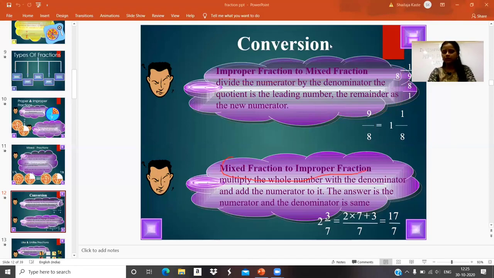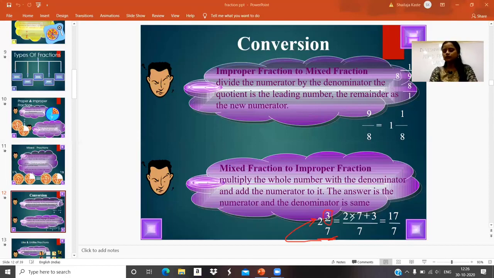Suppose the mixed fraction given to you is 2, 3 by 7. What you have to do? You have to multiply this denominator 7 with the complete whole part. 2 is the complete whole part. So we multiply this 7 with this 2 and then add the numerator, which is 3.